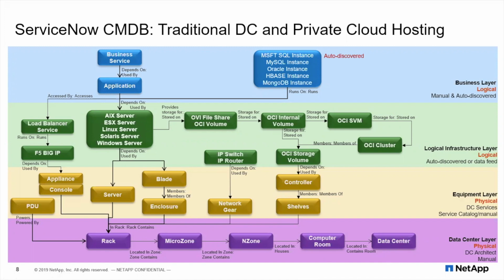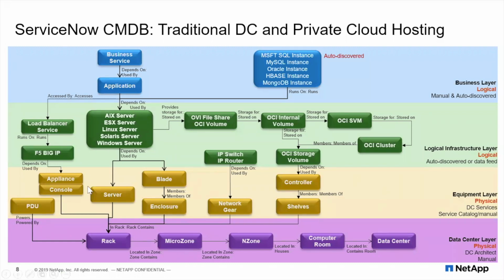In the CMDB, every line represents a relationship, and that's how you tie the things together in a ServiceNow CMDB. So these are our data centers broken down into data rooms, broken down into zones which have racks. This data is owned by the data center services and is relatively static.